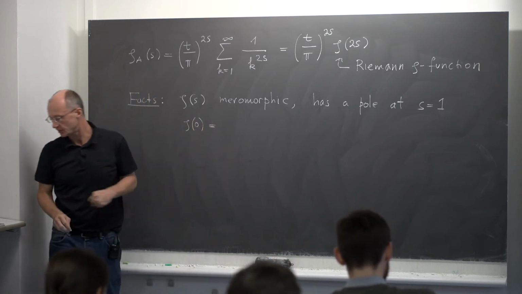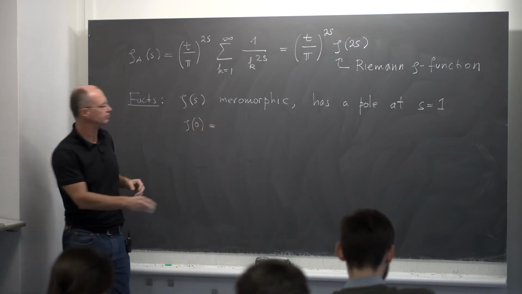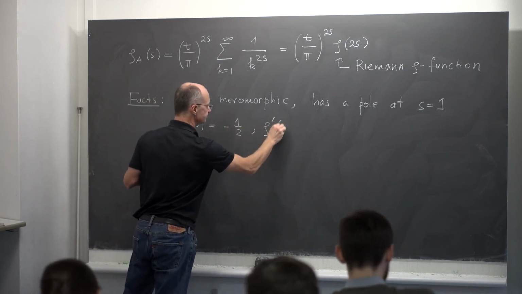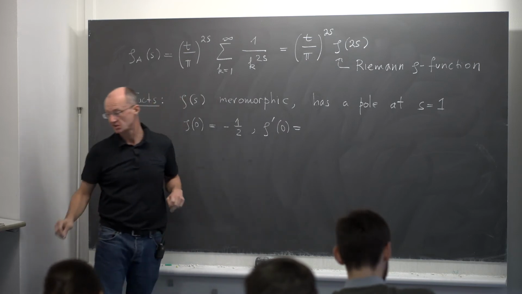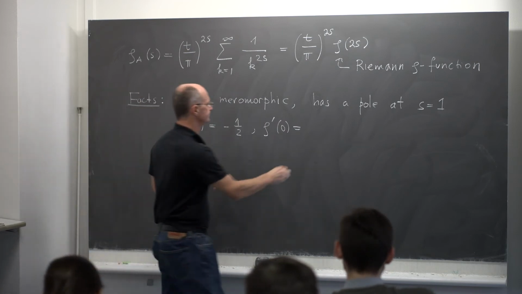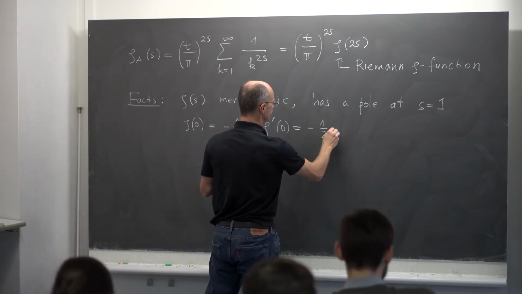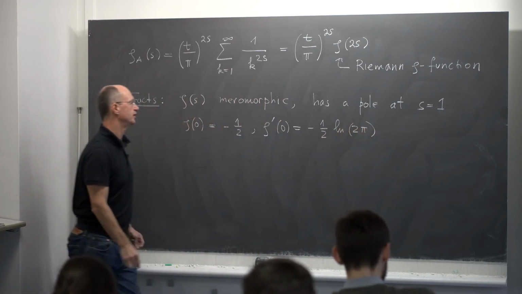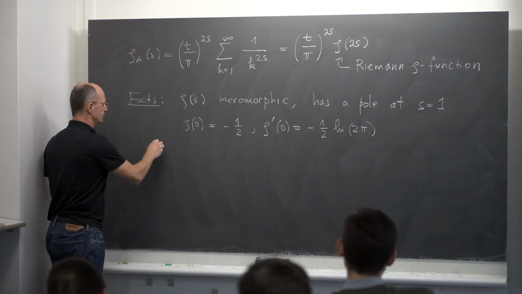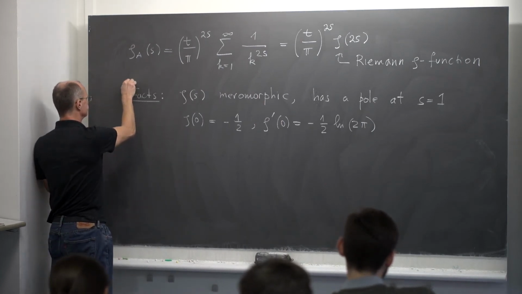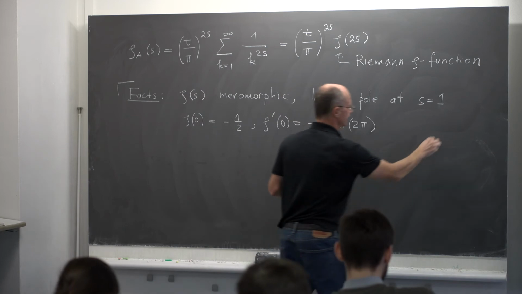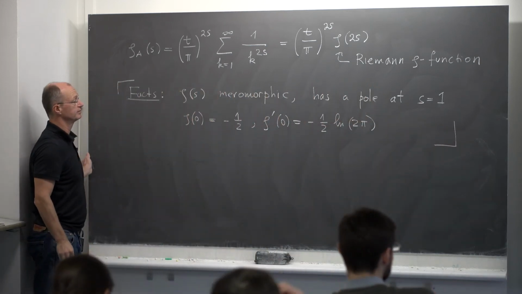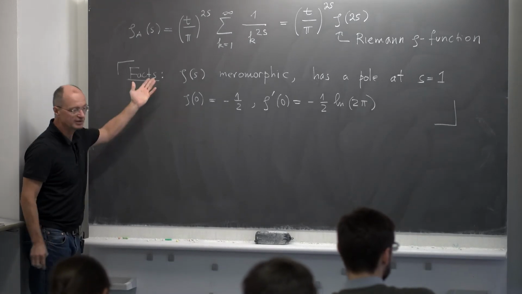What is interesting for us are the values of zeta of 0, which is minus 1/2, and zeta prime of 0, which is minus 1/2 times log of 2 pi. So these are the complex analysis facts, or elementary facts, about the Riemann zeta function.